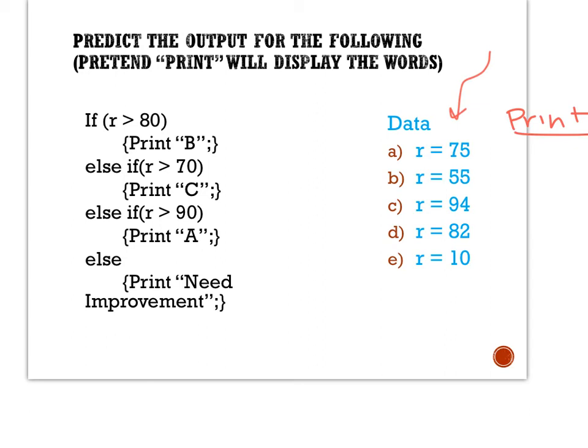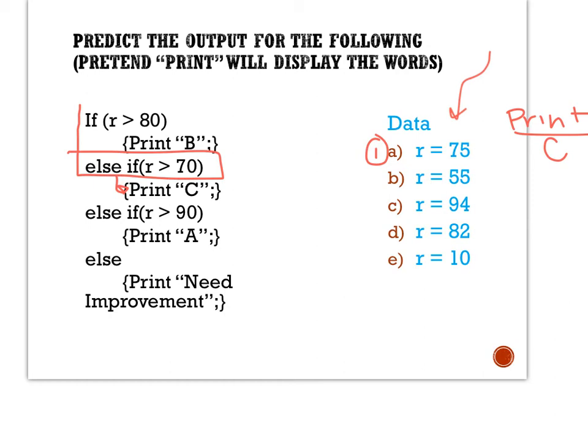So in this first situation, r is equal to 75. We'll call that number 1. What your computer will do is it will start at the very, very top, and it will check: is r greater than 80? No. So it keeps going. Is r greater than 70? Yes. So it knows that this is going to be true, and as a result, it's going to follow the instruction here and print C to the screen.